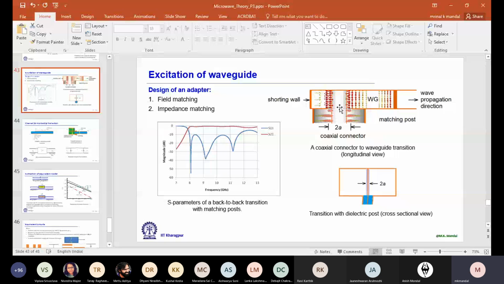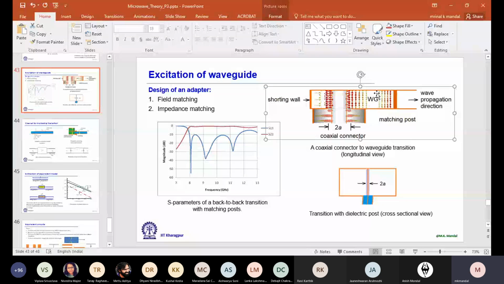Of course, this part is shorted, but this short circuit is not like the short circuit concept we use for microstrip line, because here it is the TE10 mode. For microstrip line, there is a defined ground. Anything you connect to ground, you call it shorted. But for a waveguide, can you call the top plane or bottom plane ground?